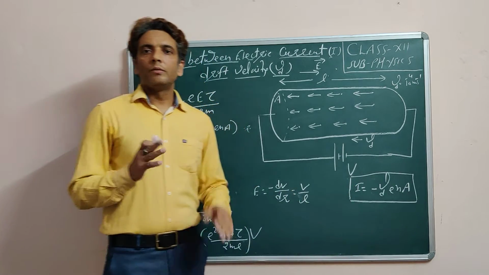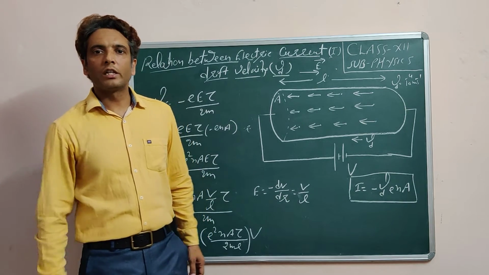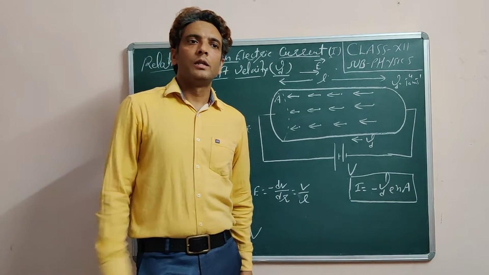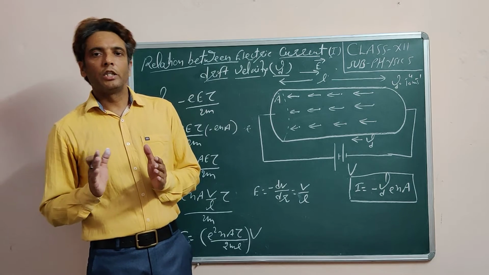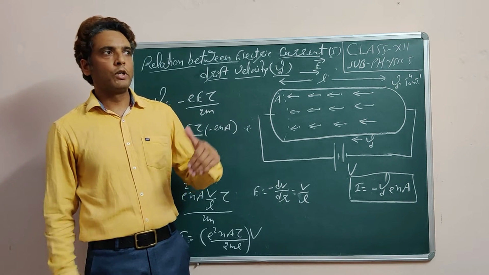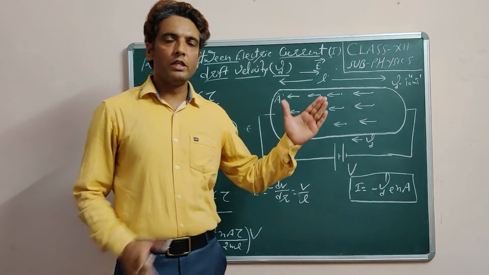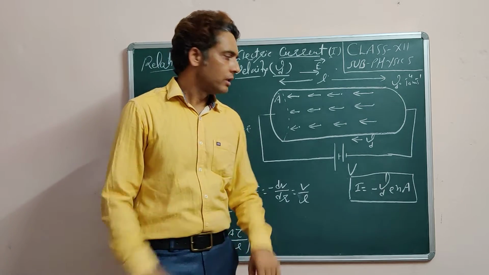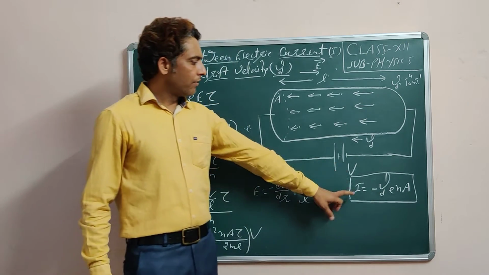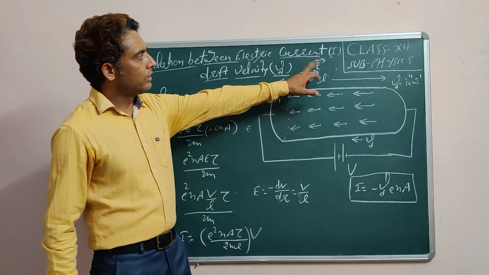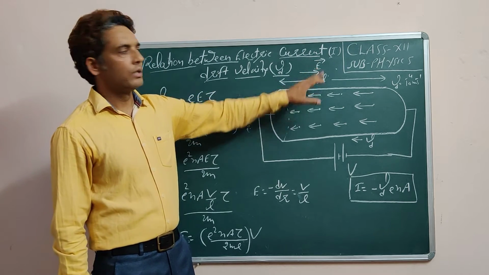You might have experienced when we switch on electric bulb or tube light, the bulb or tube light glow immediately, means the speed of electric current is very large, it is of the order of speed of light. So large speed of current is due to the large speed of electric field.